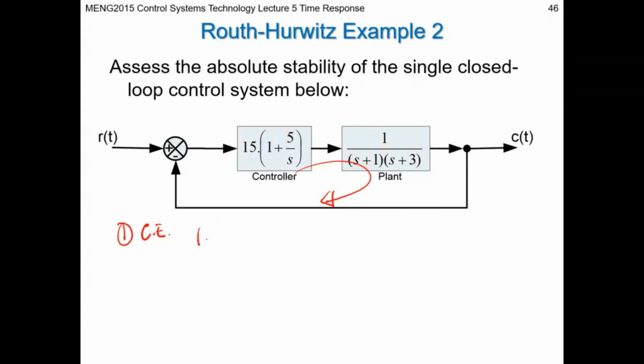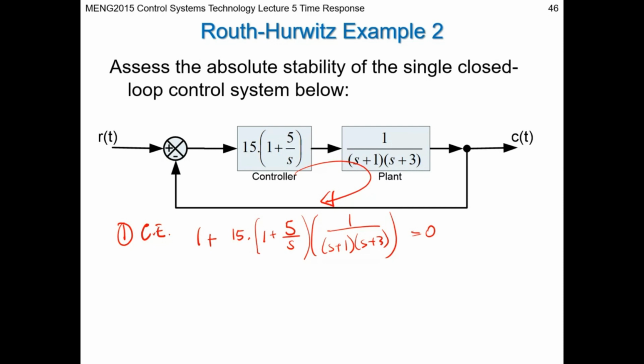So the characteristic equation is 1 plus 15 into 1 plus 5 upon s, times 1 over s plus 1, s plus 3, equals 0.